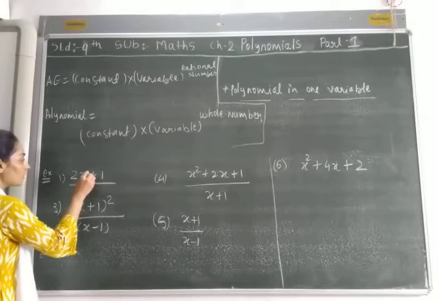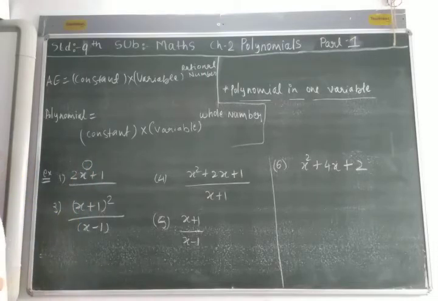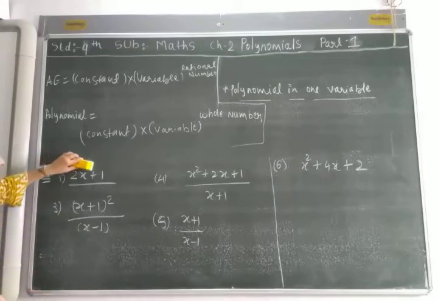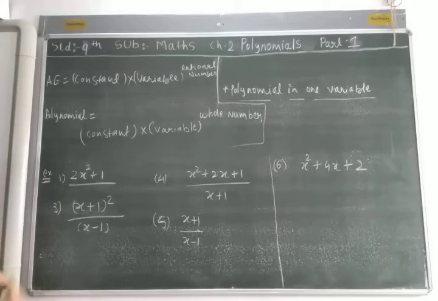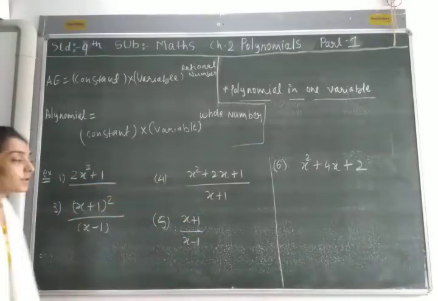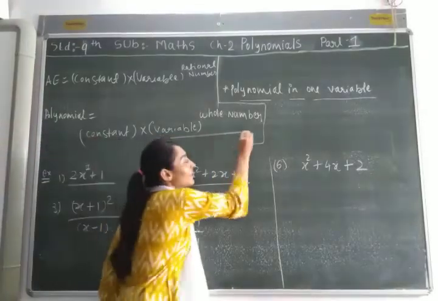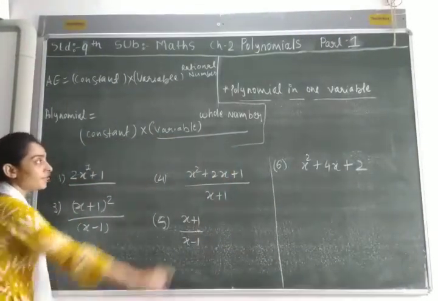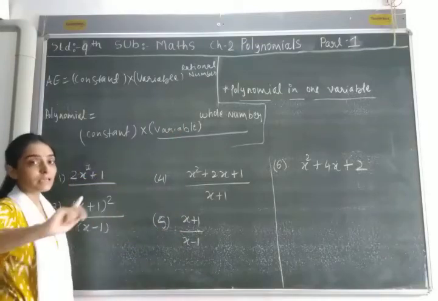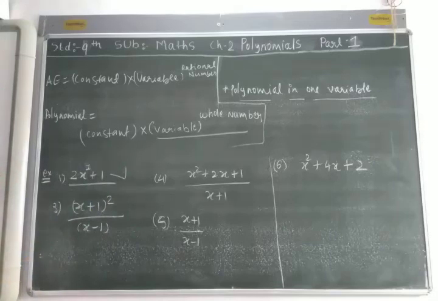What is the power of this variable? It's 1 only. So 1 is a whole number. So we are just checking the variable's power. The variable power is most important. If it is a whole number, then it's a polynomial. So this one is my polynomial.